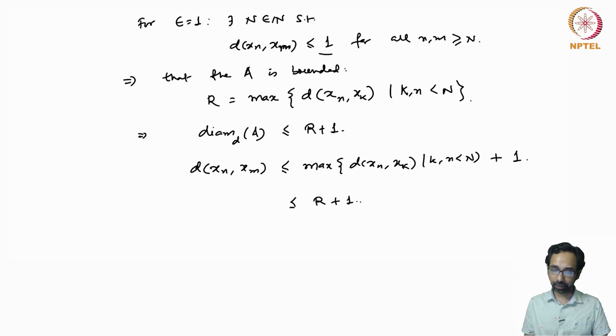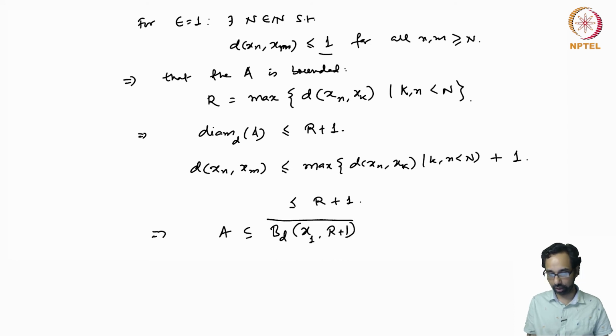So we see that this is a bounded set, and this means that the set A itself is a subset of the ball of radius r plus 1 centered at the first point in the sequence, and you can take the closure.